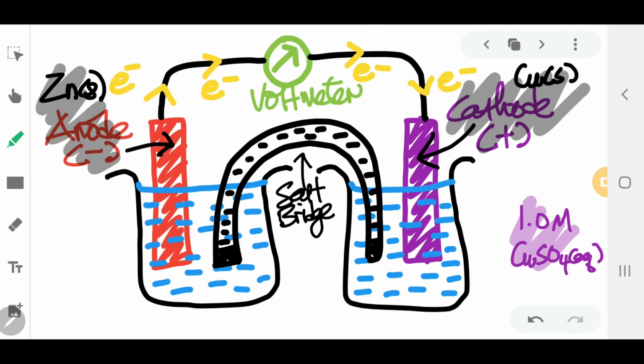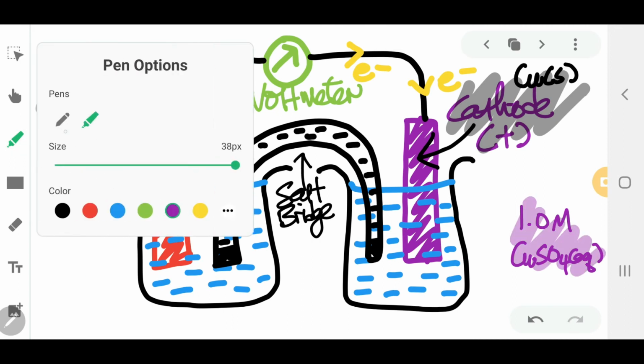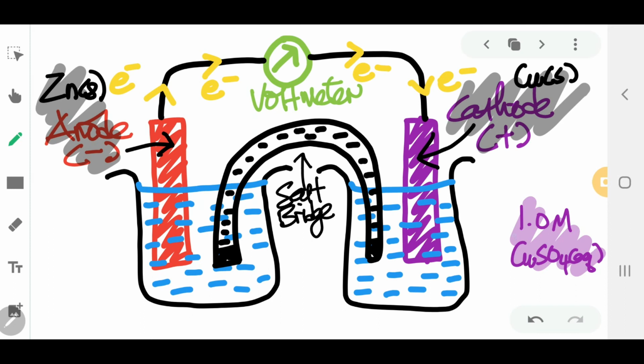I'm going to highlight that for you and point that into the electrolyte. In there, you should have Cu2+ aqueous and SO4 2- aqueous.